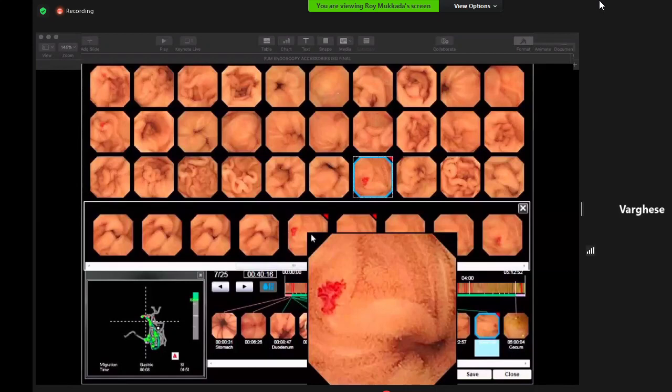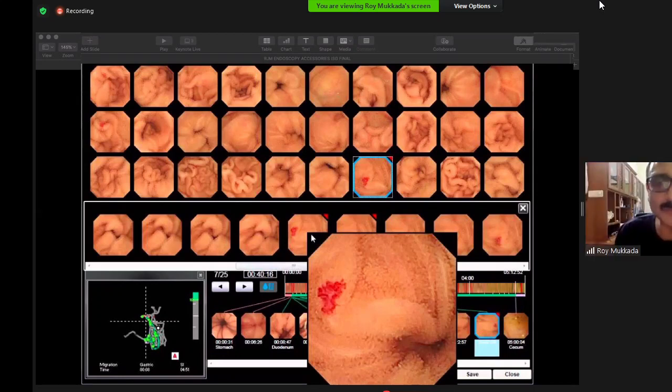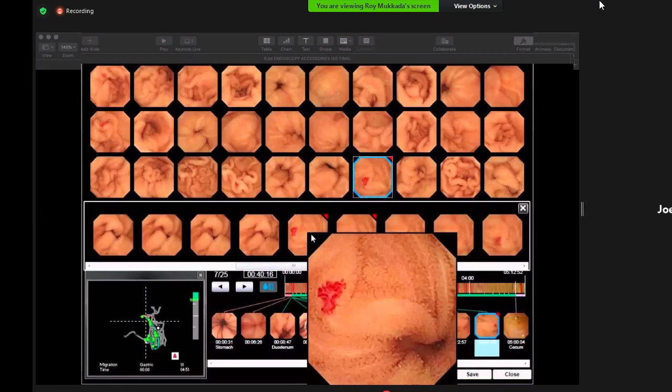What's the average duration of life of the battery for a small bowel capsule endoscopy? Sir, 8 to 10 hours. Is it only for small bowel, or can we use the capsule for any other purpose? How many types of capsule do you know? Sir, I don't know. I'm sorry.